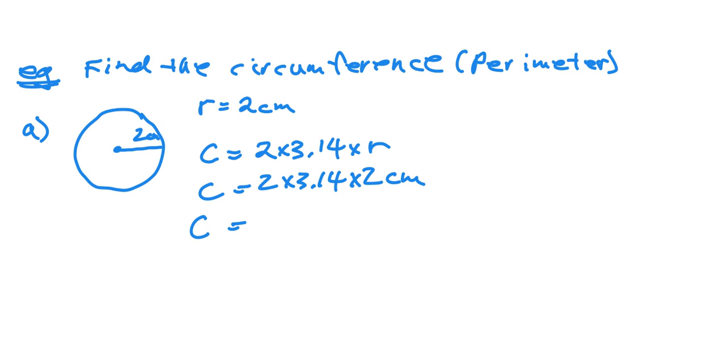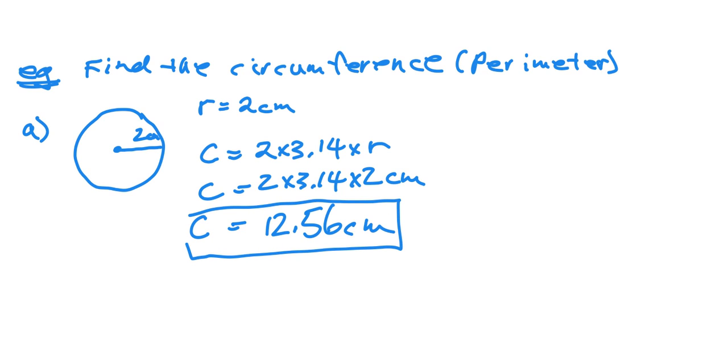So we end up with C is equal to 12.56 centimeters. So you'll notice that when we do these, the perimeter is in centimeters, or it's meters, or it's kilometers, or it's feet. It's not feet squared, it's nothing else like that. It's just a single number, no squared, nothing.